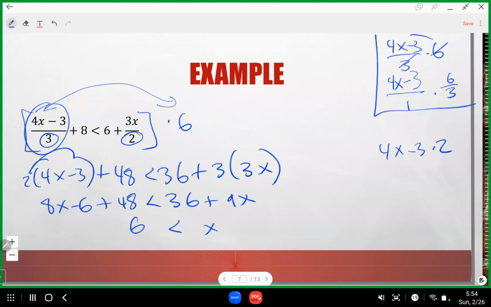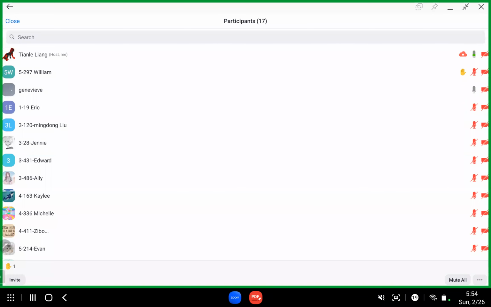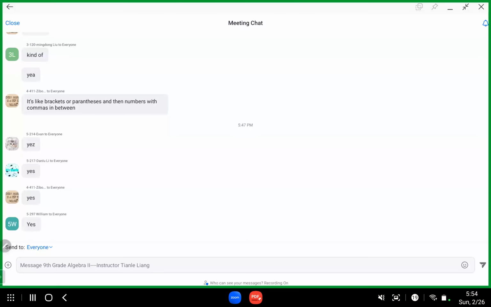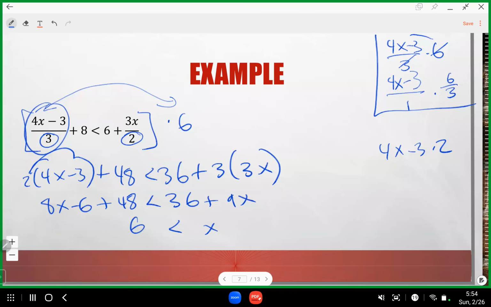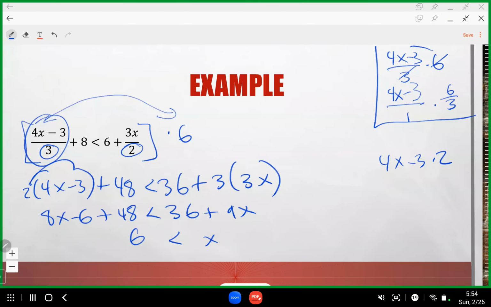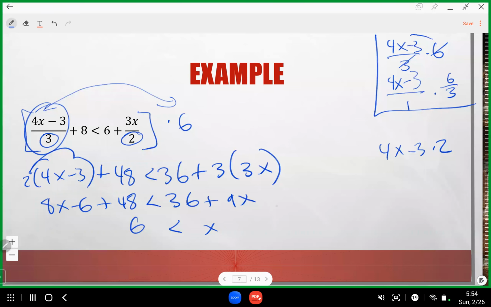So does everybody agree with this answer? Say yes in the chat if you agree with this answer, right? Does everybody agree with these calculations? Hopefully everybody agrees. Yes, okay, very good. Looks like everybody agrees. So then we get x is greater than 6.